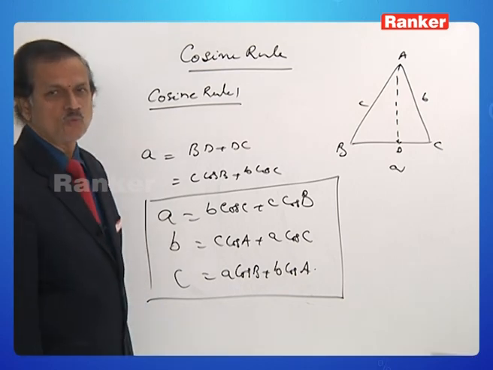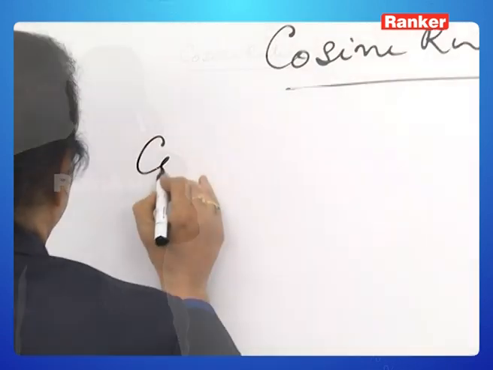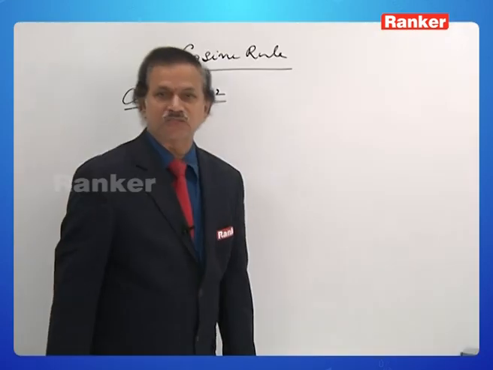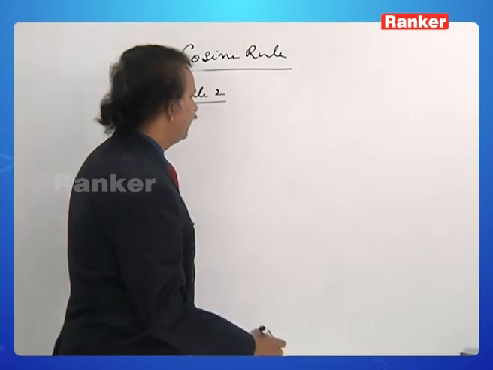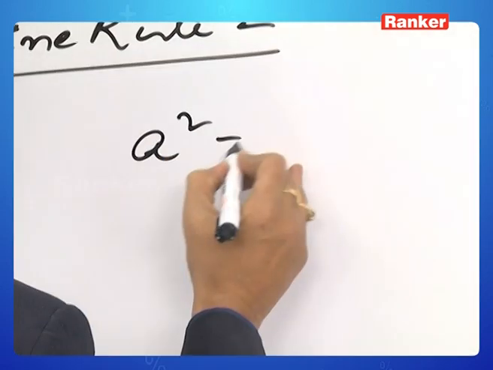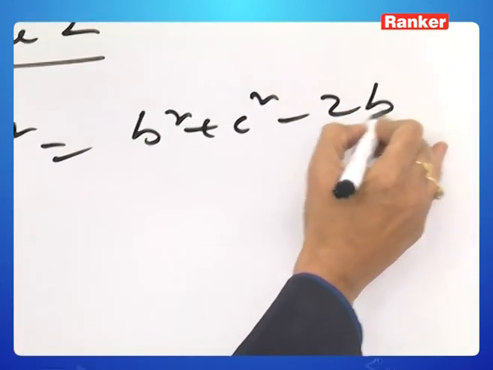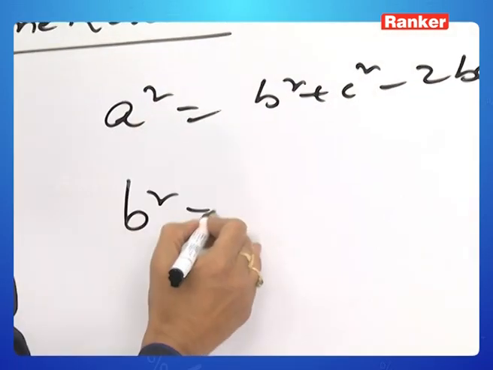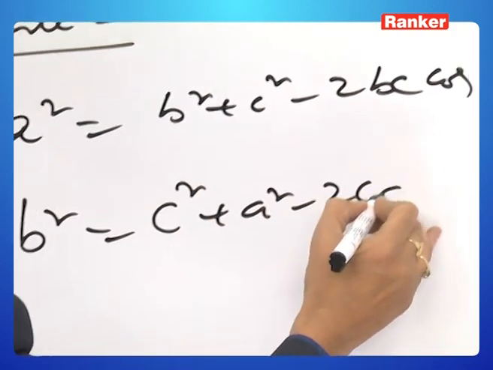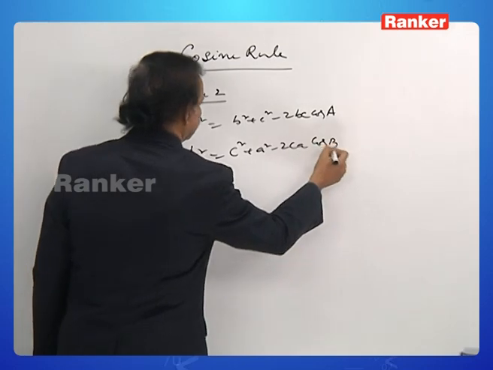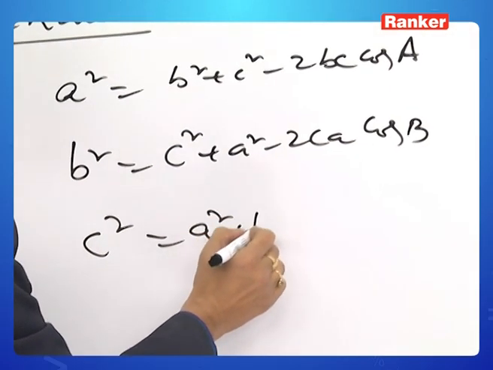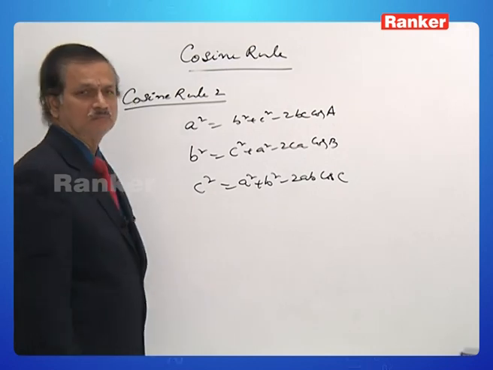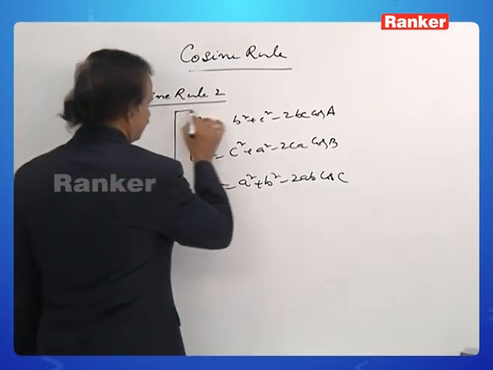Next, cosine rule 2. What does it say? In any triangle ABC, a square is equal to b square plus c square minus 2bc cos A, b square is equal to c square plus a square minus 2ca cos B, c square is equal to a square plus b square minus 2ab cos C. This is cosine rule 2, and many others say that this is the actual cosine rule.